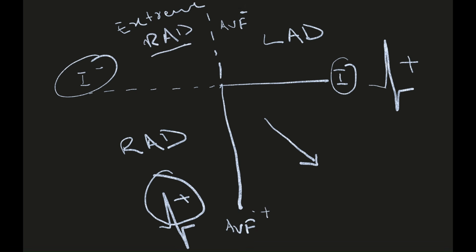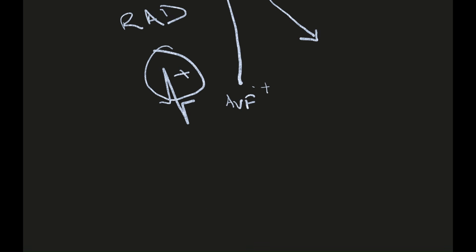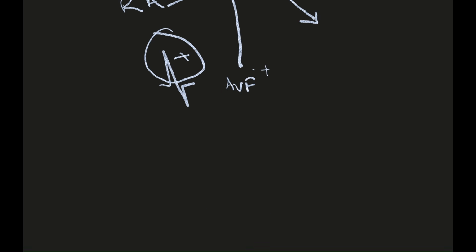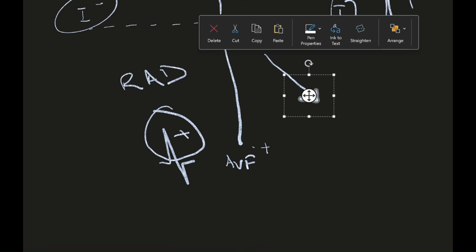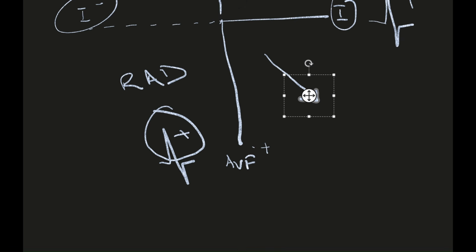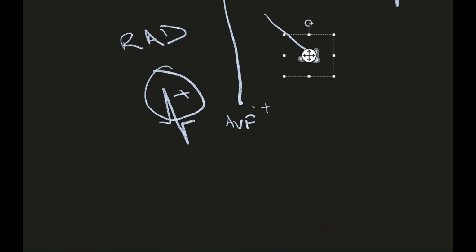There are certain cases in which it becomes important. We will not talk about those conditions over here. Now, normally, the current is flowing towards the positive sides of lead 1 and AVF.